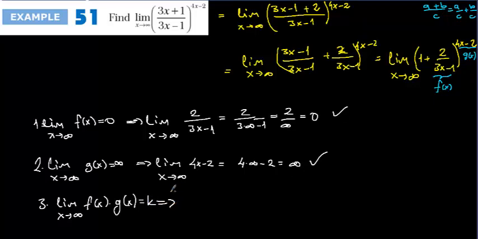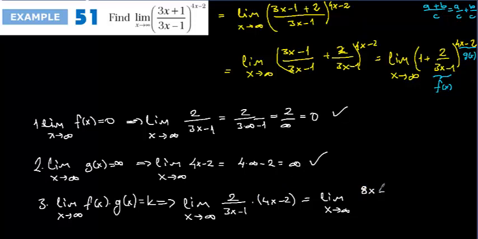Let's see what is the k value. Limit x tends to infinity, fx is equal to 2 over 3x minus 1 times 4x minus 2, this is fx times gx, which is equal to limit x tends to infinity, 2 times 4x is equal to 8x minus 4 over 3x minus 1, and this is the infinity over infinity case.